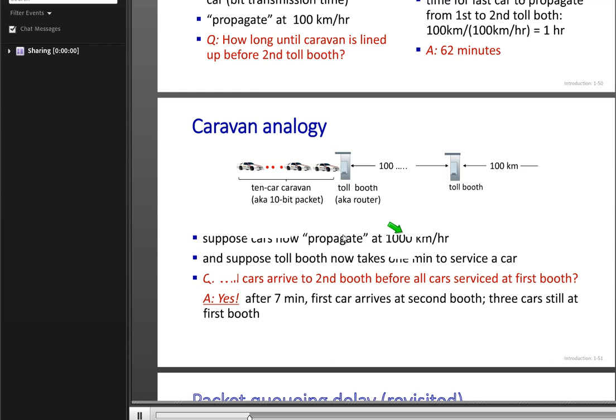So each car will pass the highway in just 1/10 of an hour, or just 6 minutes. So when the first car arrives at the exit point of this highway, the seventh car will enter the highway.